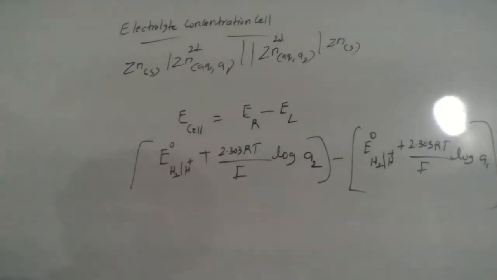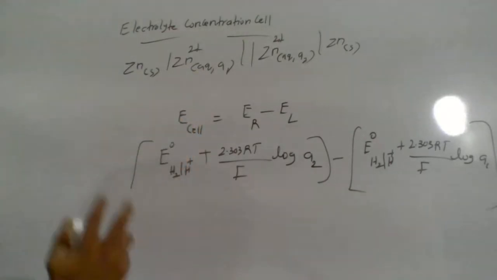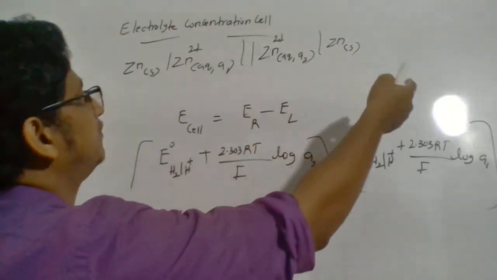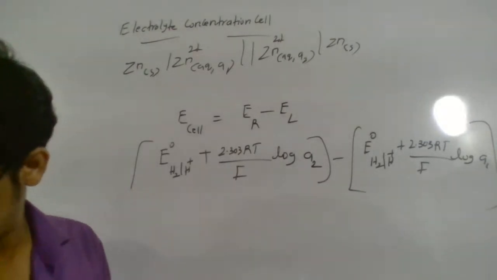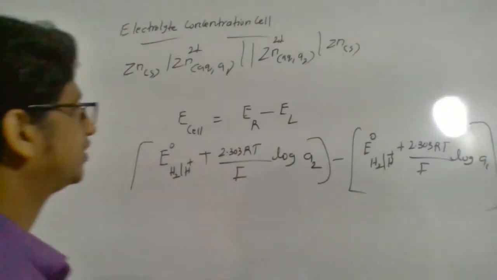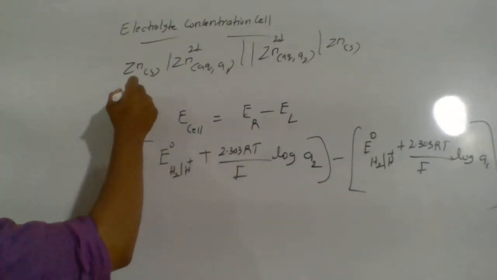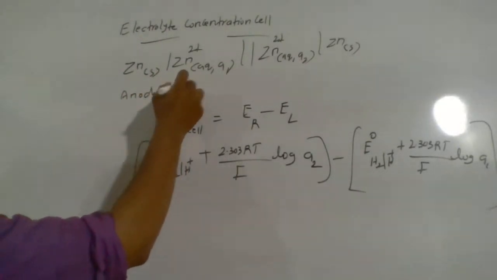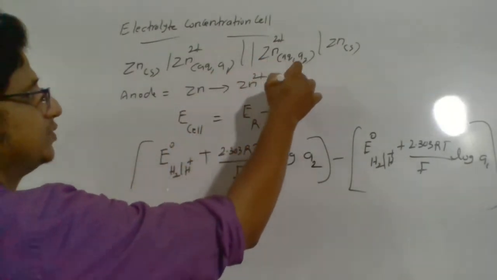So what will be the anode? At the anode, zinc is oxidized into Zn2 plus. At the cathode, Zn2 plus is converted into Zn. So a similar type of reaction where you can write like this. At anode, Zn is converted into Zn2 plus plus 2 electrons.